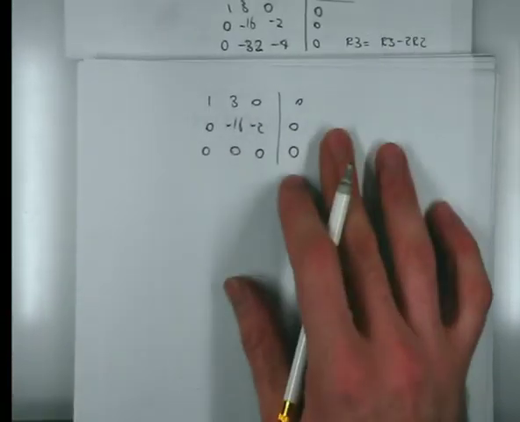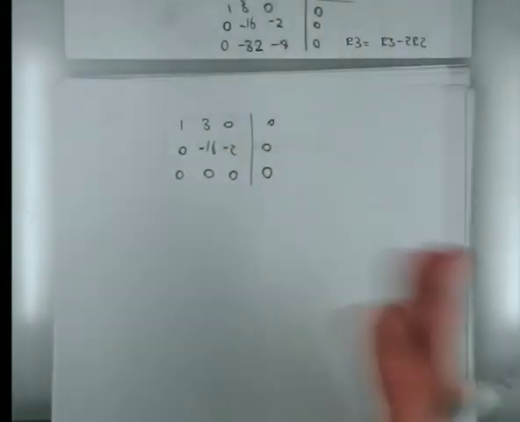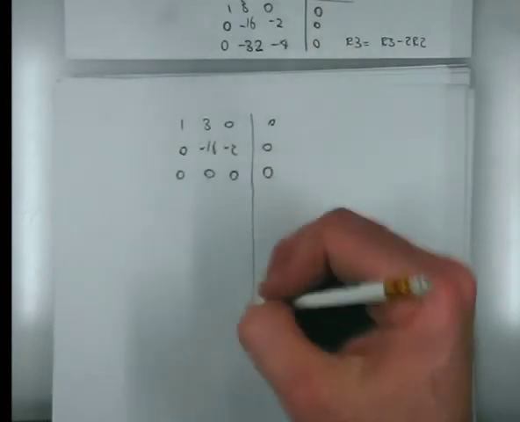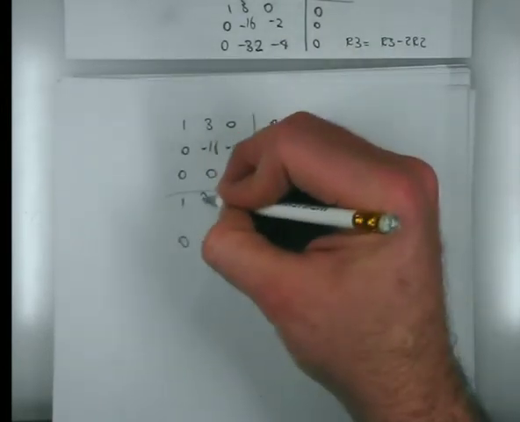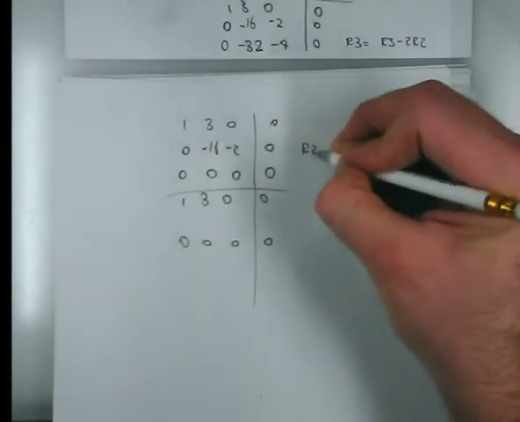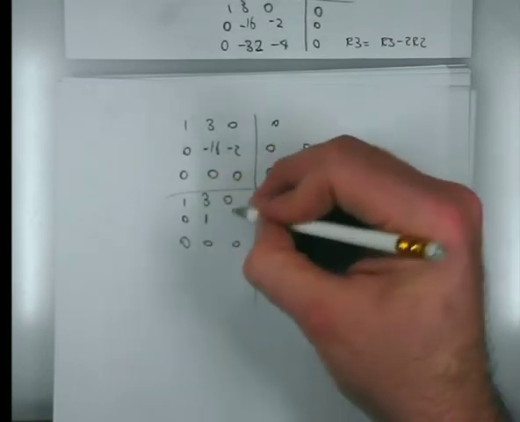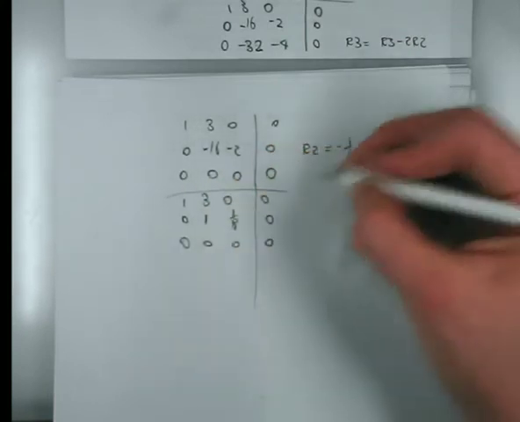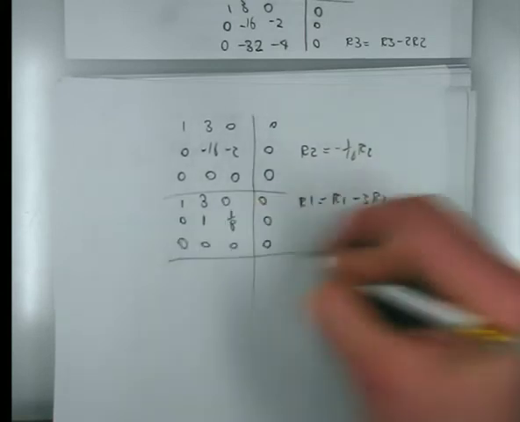But there will be solutions, so therefore it's infinitely many. And technically I should be dividing this by, and then row 1 is row 1 minus 3 of row 2.